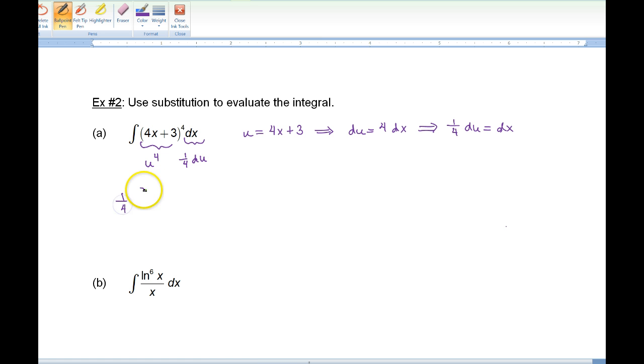So the 1/4 gets pulled out in front, and we get u to the 4th du. So what do we end up with when we integrate? 1/4, and then u to the 5th over 5 plus c. So it's just going to be (4x plus 3) to the 5th over 20 plus c.